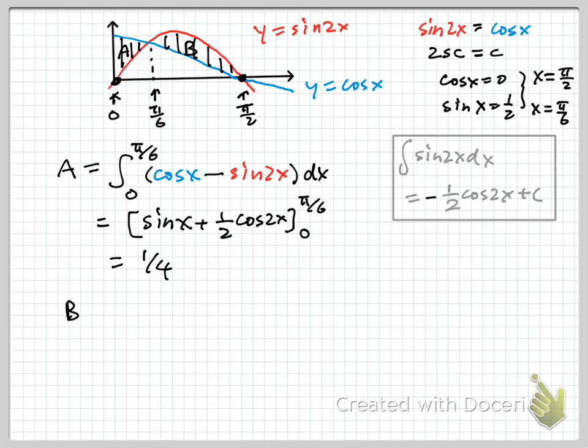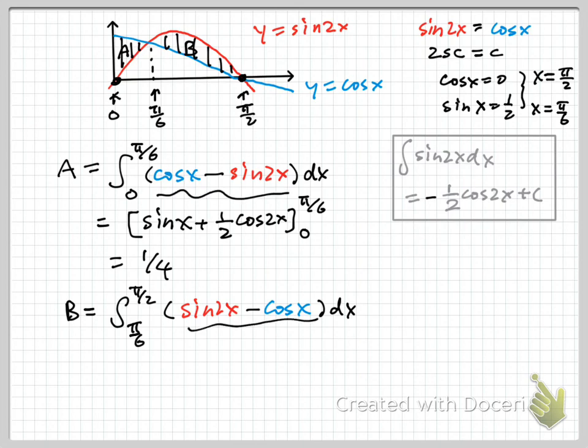By similar token, for part B, notice the boundary is different. It's from pi over 6 to pi over 2. In this range, it should be the red subtract the blue, so it is sine 2x and then subtract cosine x. That's why we need to split into A and B, because they follow different equations in each region.